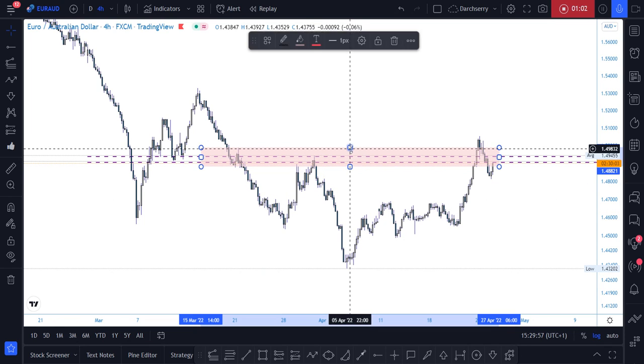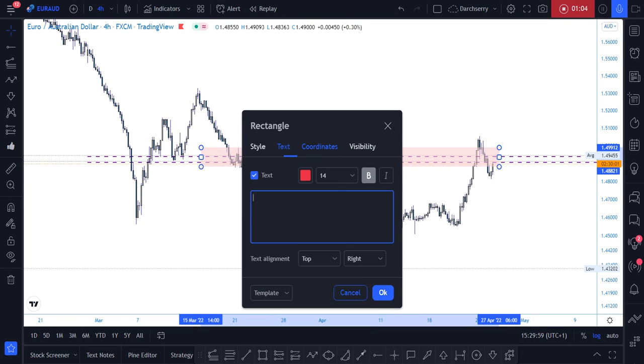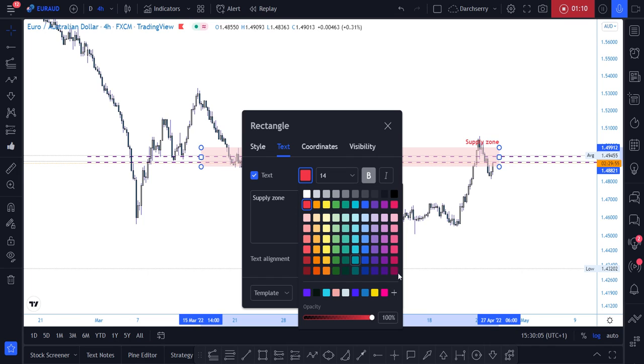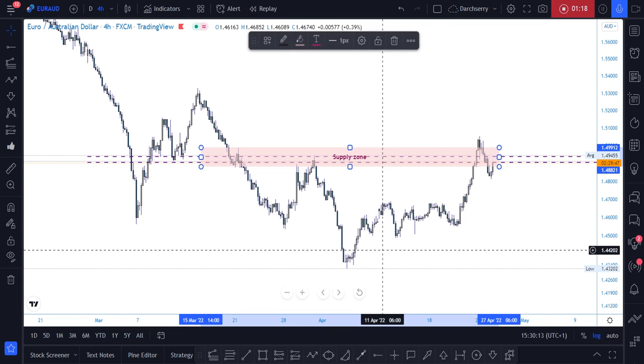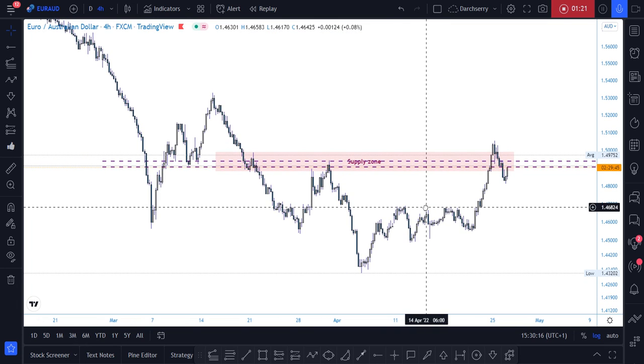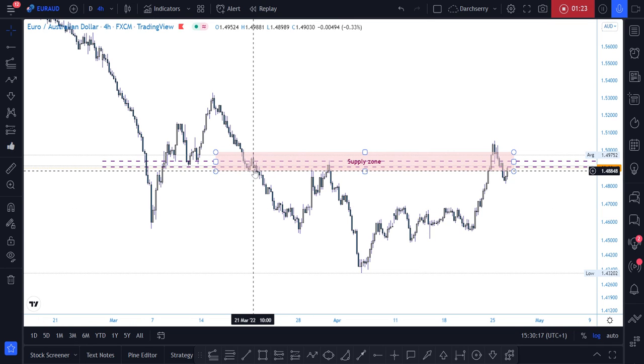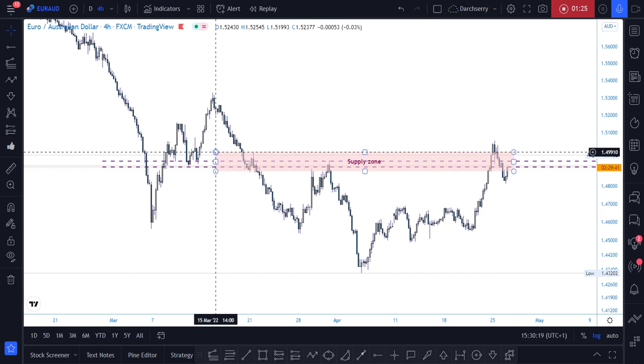Let me label this supply zone. All right, within a supply zone. Let's put it inside.